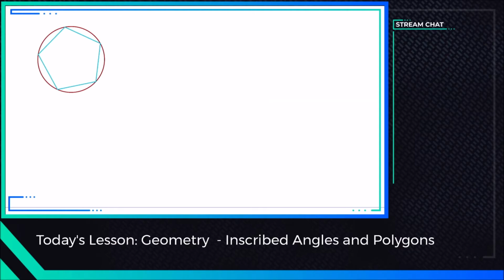There we go. So now that is an inscribed polygon. This red circle on the outside is going to be called a circumscribed circle. And this blue pentagon on the inside is going to be known as our inscribed polygon.